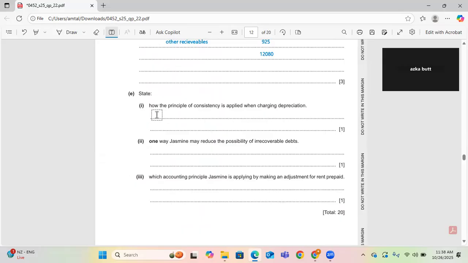So that's why it's following the consistency concept. Depreciation is charged using the same method each year.